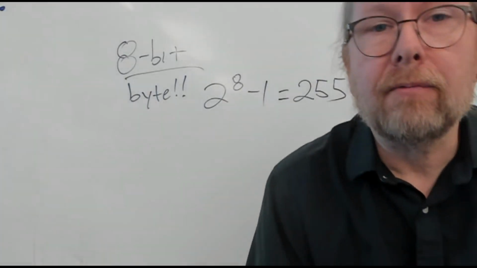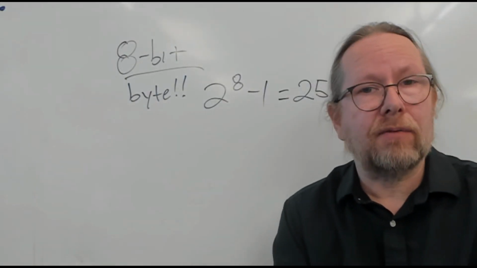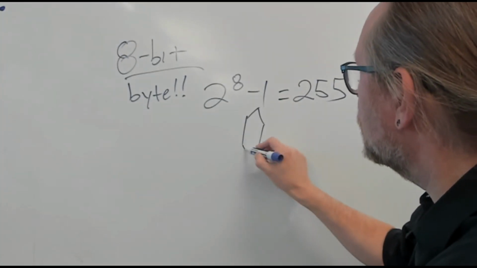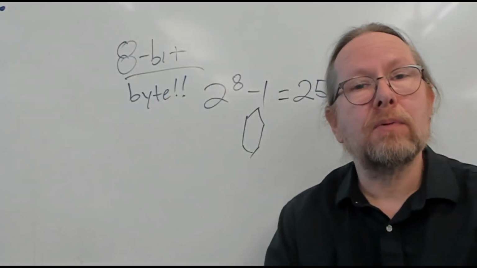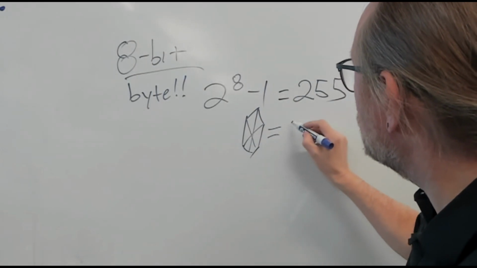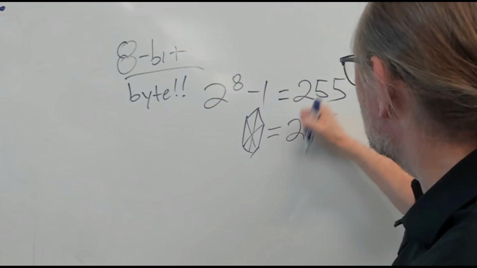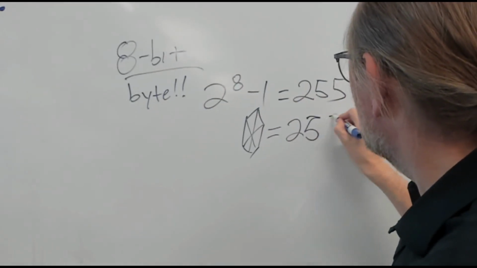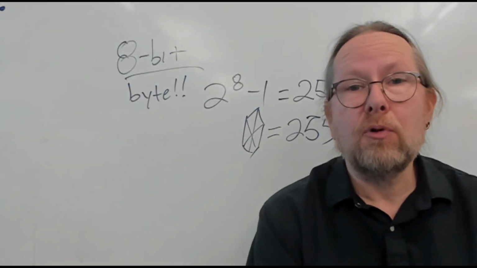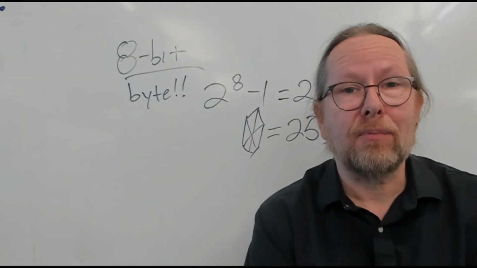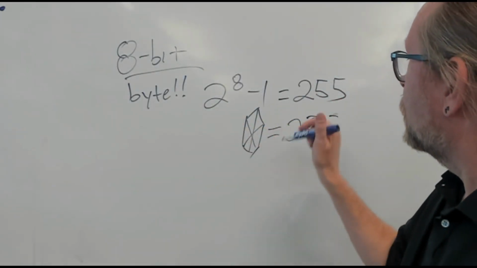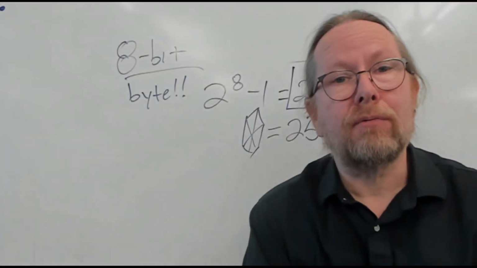You can store a number from 0 to 255. And the example I gave last semester is, if you know your classic video games, you may know that in the original Legend of Zelda game, your coins, your money, was called rupees. And how many rupees could Link have in his inventory? The maximum was 255. Why? Because the original game used 1 byte of data to store the number of rupees Link had, and that number maxes out at 255.